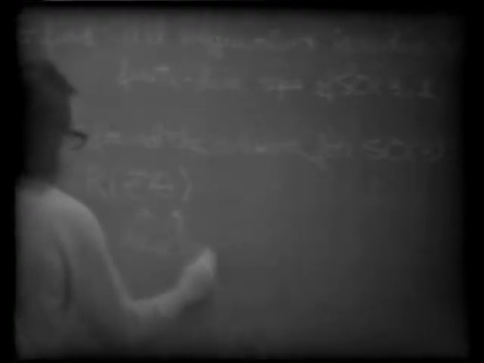SO3 is the group of rotations. Every rotation matrix can be labeled by an axis and an angle. It is a rotation about some axis by some angle. The angle by convention is always chosen to be less than or equal to pi.